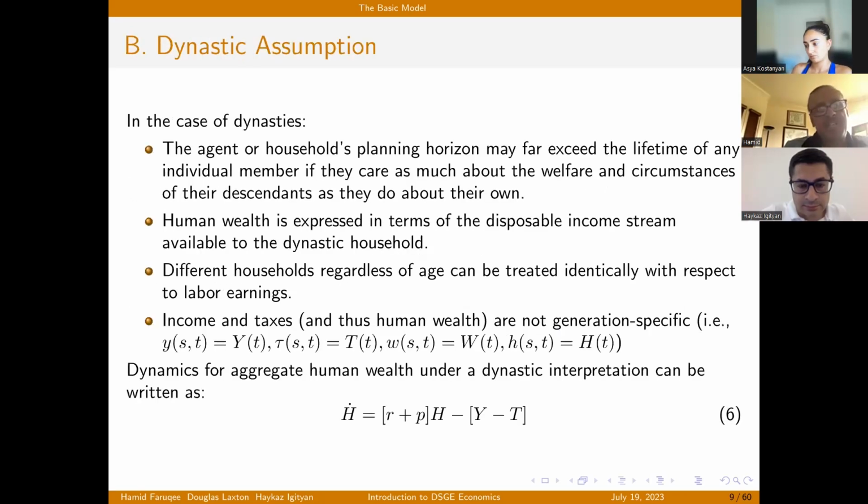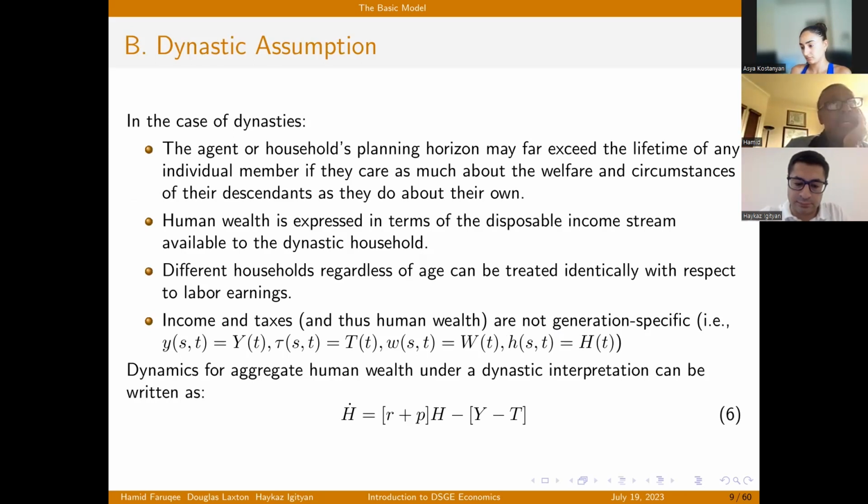Okay, so now let's come back to how we think about agents in the model, as we started off the presentation. Let's start with the case of these Barro dynasties. Here you have the agent not as an individual, but as a family line. And so the lifetime of that agent could far exceed that of an individual member. That will influence, for example, what you might think of as the probability of death.